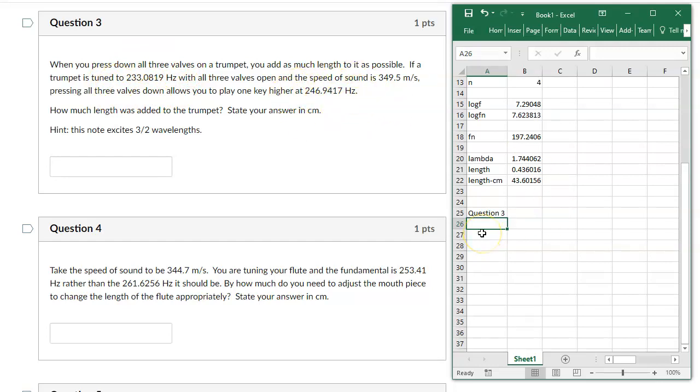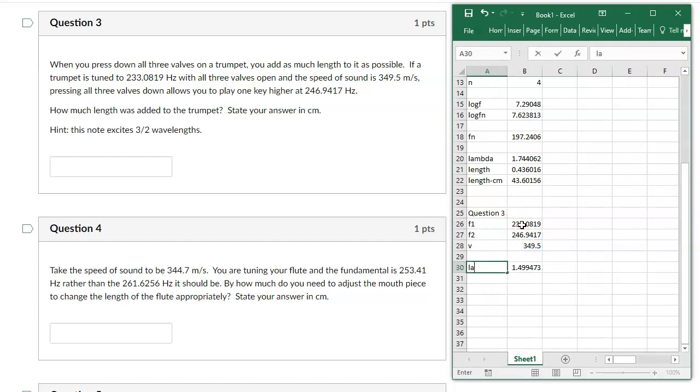All right, so let's start. We've got F1 at 33.0819. We've got F2 at 246.9417. We have the speed of sound somewhere here, 349.5. So what's the length at F1? Well, the velocity divided by the frequency gives us the wavelength.